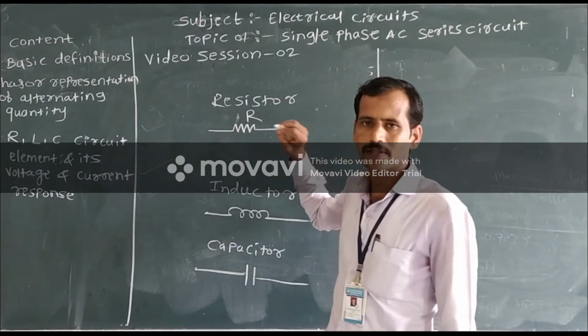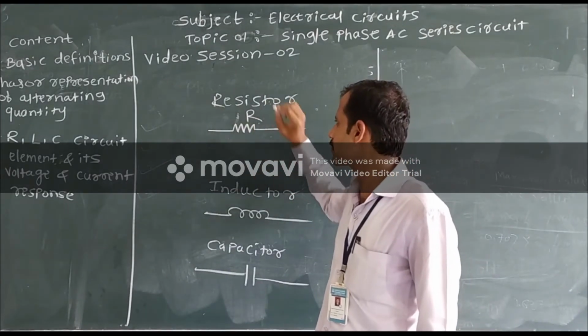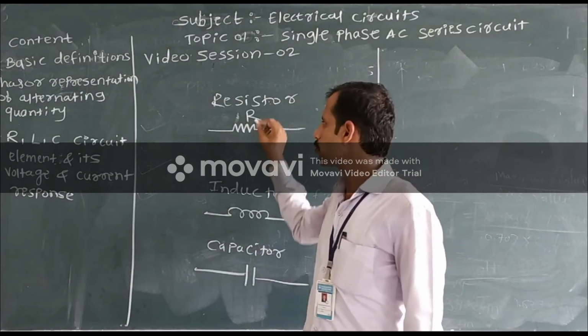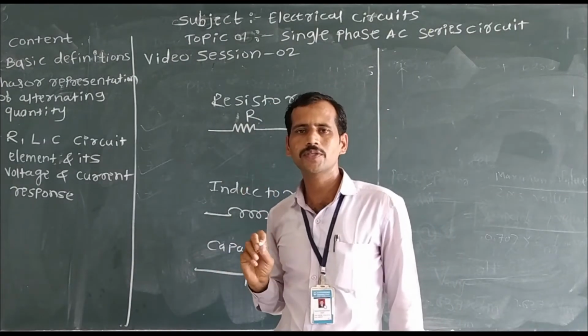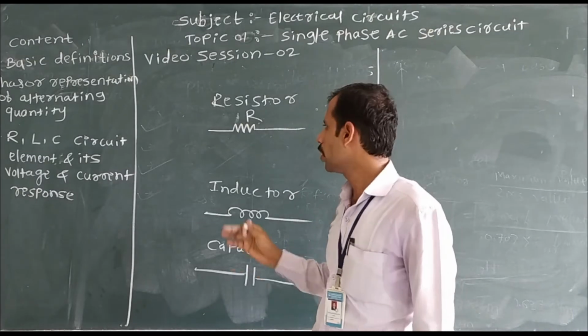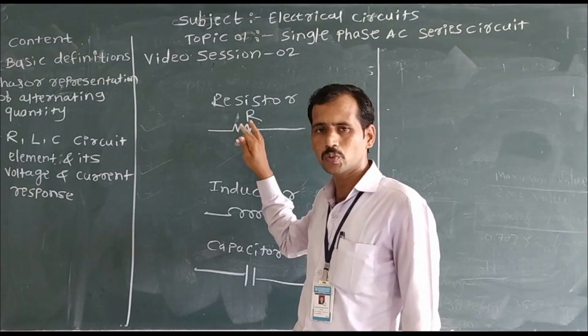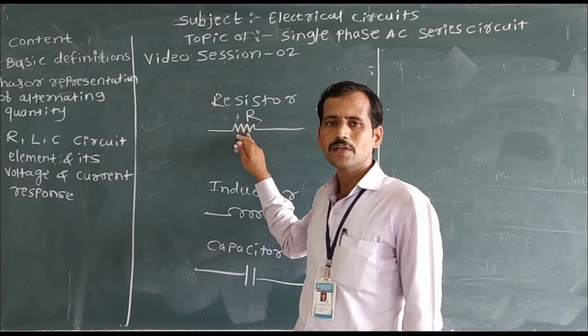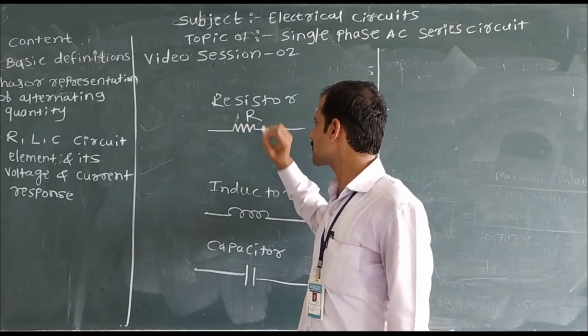Resistance R is a property of the resistor. The resistor is a device. Resistance is a property of the resistor which opposes the current flowing through it. Whatever current flows through the conductor, it will oppose, and that is known as resistance.